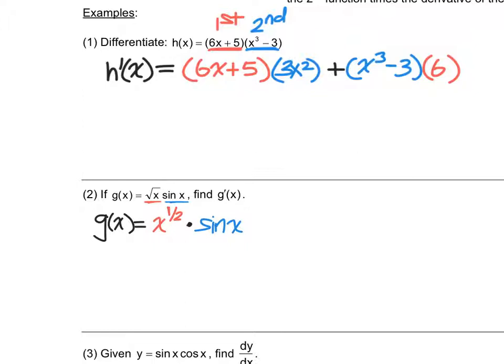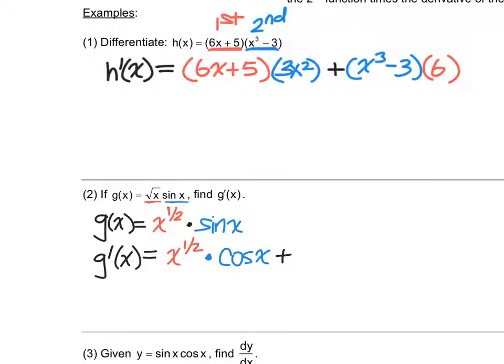So using the product rule, I take my first function, just the way it is, unaltered, multiply it by the derivative of the second function. What's the derivative of the second function? Cosine of x.